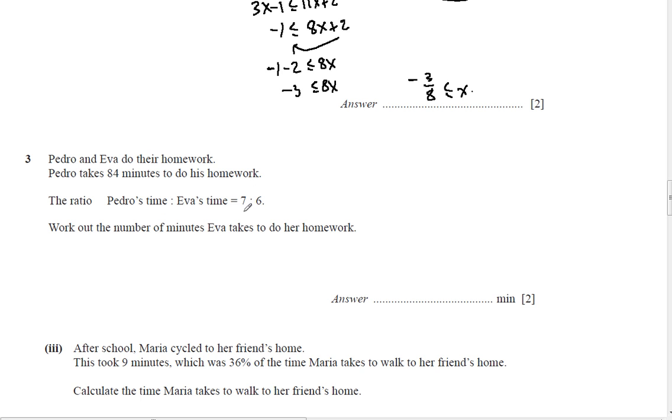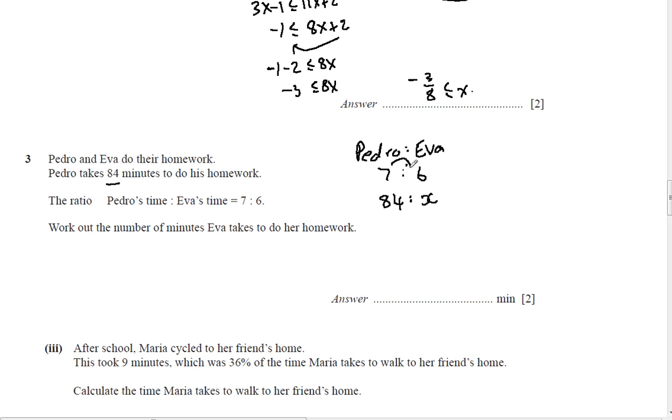Basically, Pedro to Eva is in the ratio of 7:6, and Pedro's minutes is 84, and we're trying to find out what Eva's minutes are, so we can see what the ratio is between these.